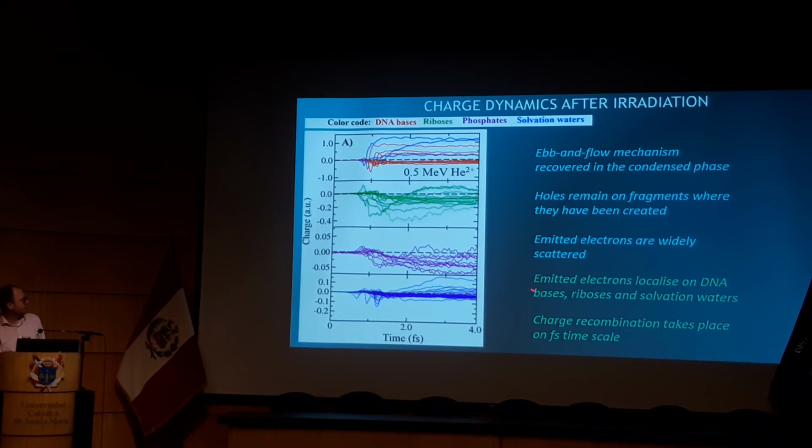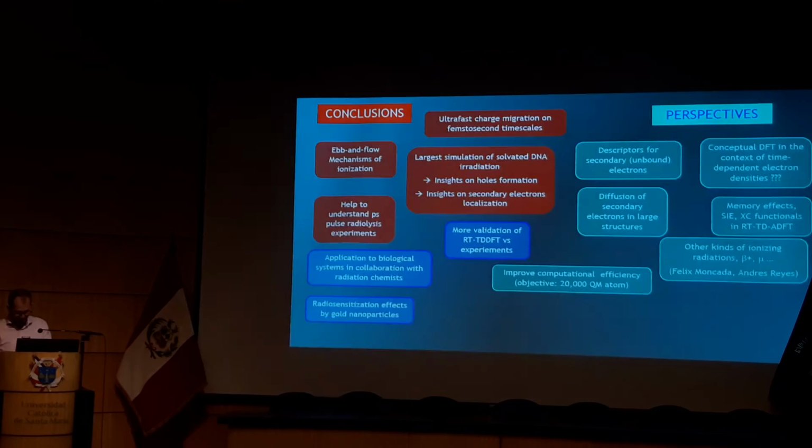And we found that the electrons go onto the other bases, onto the sugar, and also partially onto the water shell. So that's, as far as I know, the first first-principles simulations where we effectively start to get insights on the localization of these secondary electrons when we irradiate DNA.